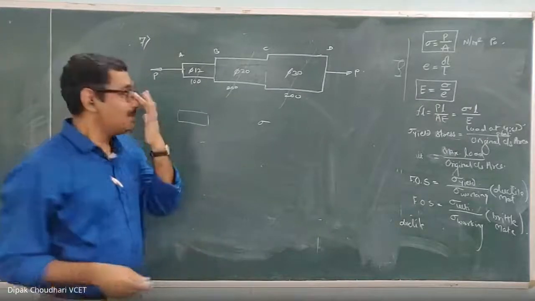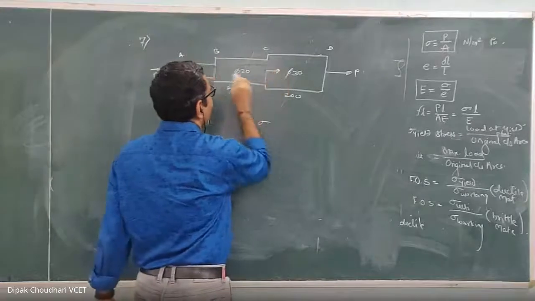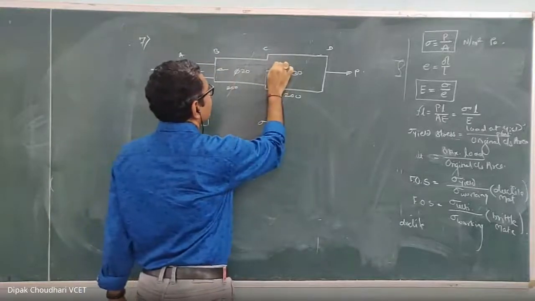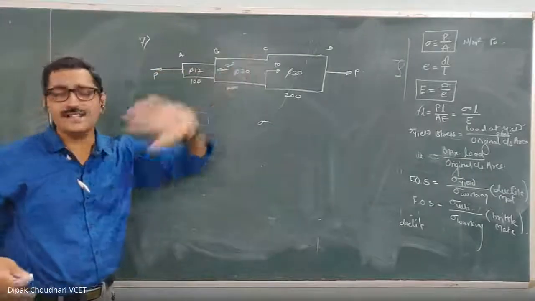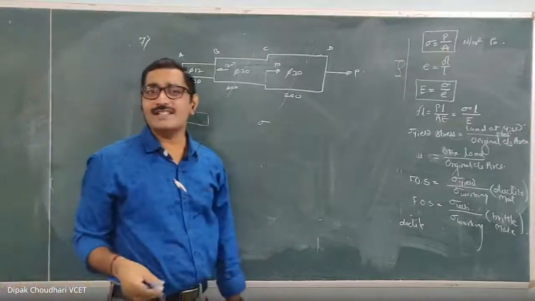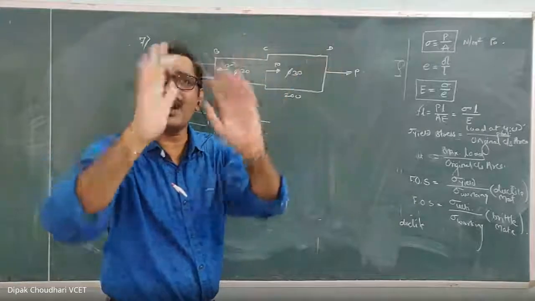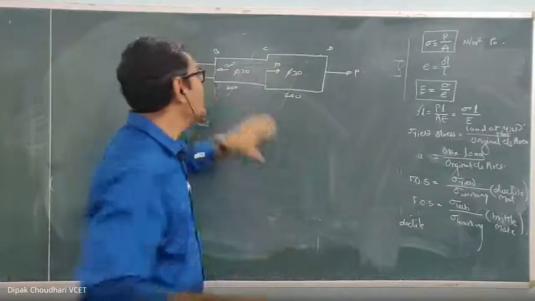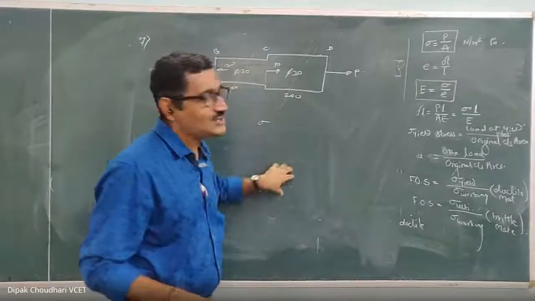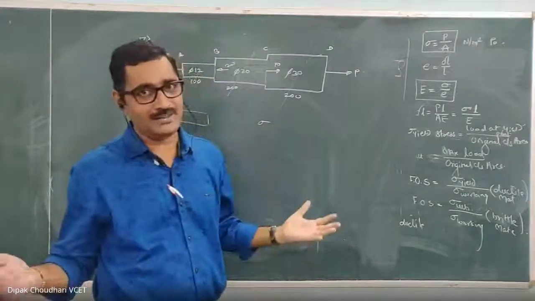Understood? Yes. But if there is some intermediate force here, some intermediate force here, 10 kilonewton, 20 kilonewton, then since the axial forces are varying, just by observation you can't say that in the first part AB the maximum stress will be induced. In that case, you need to calculate the stresses in each part separately, and then you have to compare.